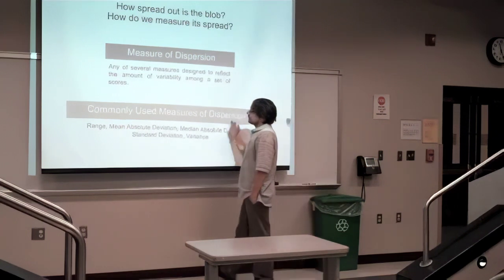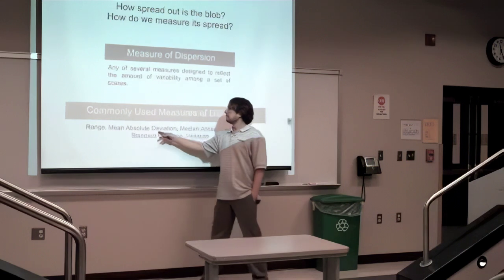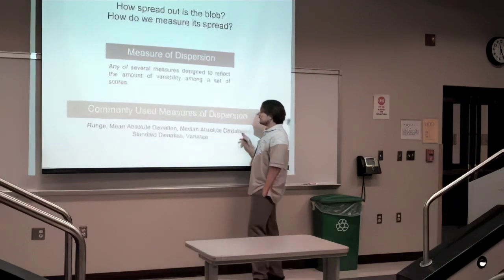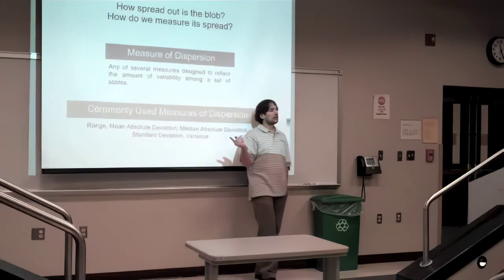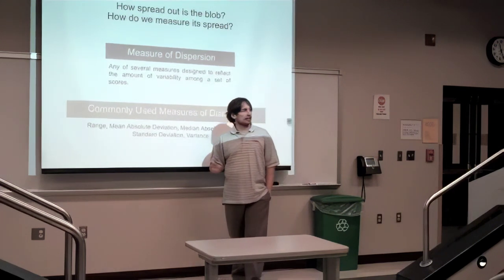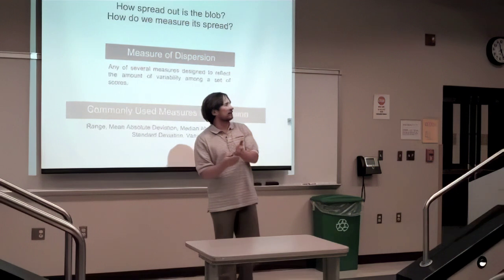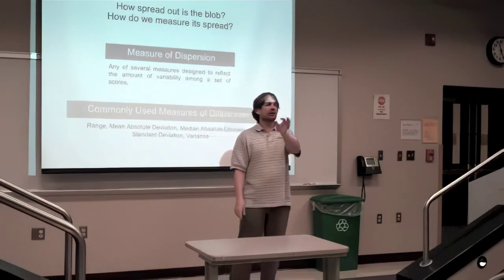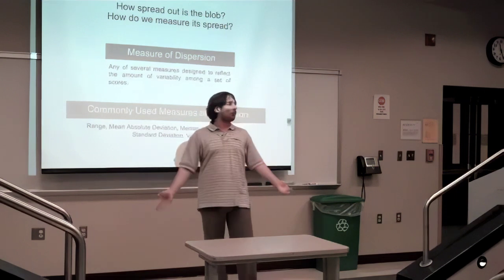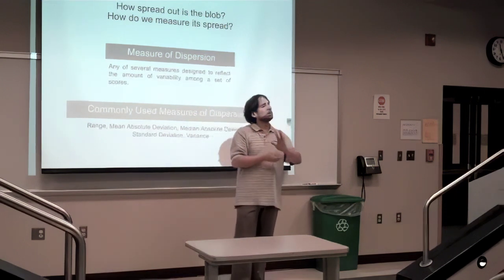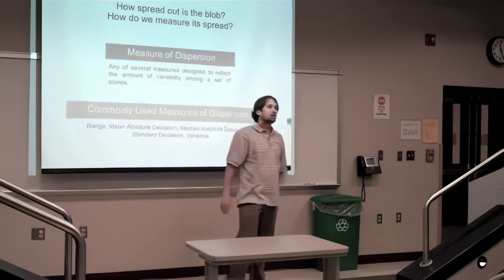Common measures of dispersion: range, mean absolute deviation, median absolute deviation, standard deviation, and variance. Now, like I mentioned last time, we had all those measures of central tendency. The mean is really the only one that's going to stick with us beyond section 1. I mean, we'll talk about the other ones a little bit, but we're going to be using the mean a lot.